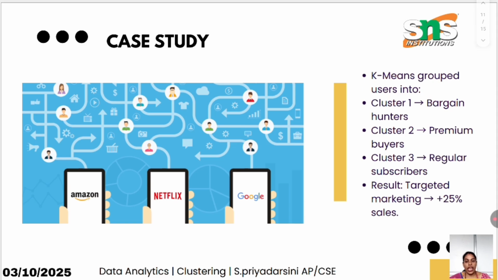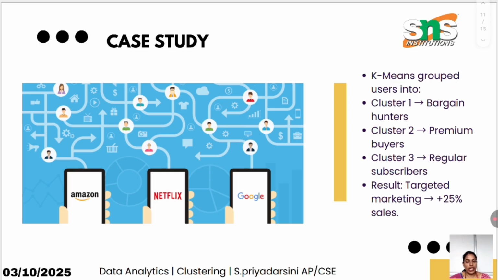Next, here is a case study. Back to our e-commerce case study. K-means groups users into three categories. In cluster 1, the users are bargain hunters. They will be bargaining for the price. In cluster 2, there will be premium buyers, and in cluster 3, there will be regular subscribers.